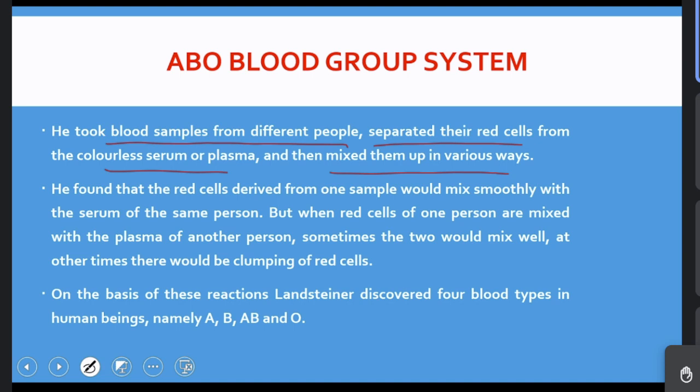Mine with another person's, with the third person's, with the fourth person's, and again the first person's blood with the fourth person and third person, and so on like that.